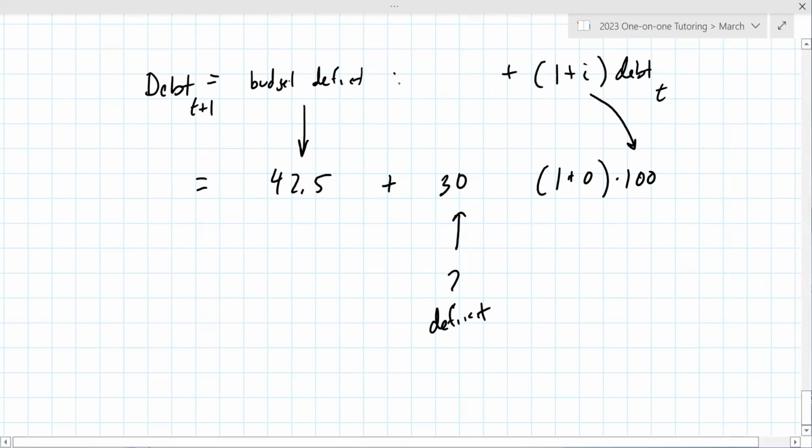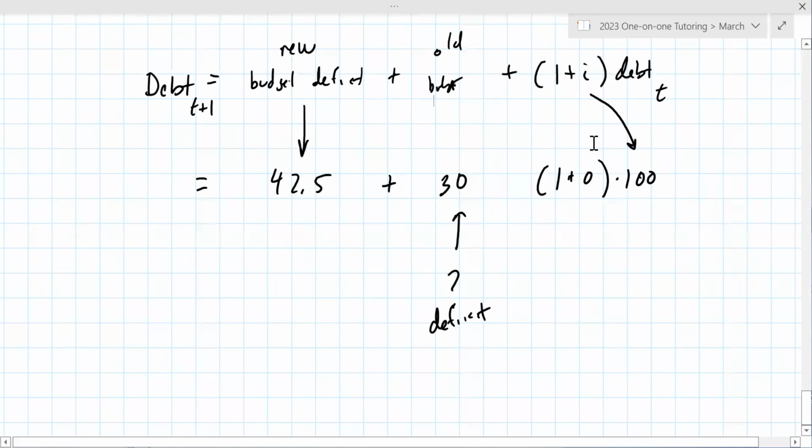Oh, the debt equation. Okay. The debt is equal to the deficit in T plus the 1 plus I times the debt in T minus 1. Is it just two terms?